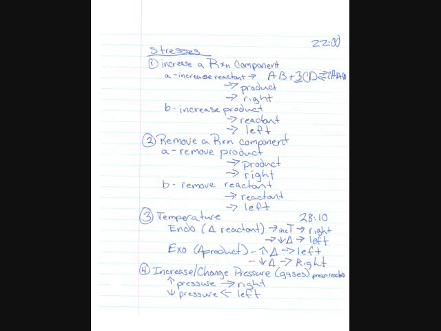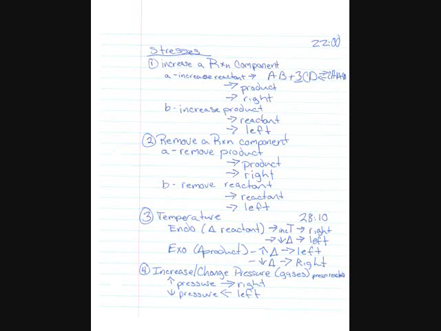Third stress we can add to it is temperature. That works if it's an endothermic or exothermic reaction. So if it's endothermic, where did we say the heat was? On which side of the reaction is the heat? If it's endothermic, product or reactant? No, it's reactant. You're right. Okay.